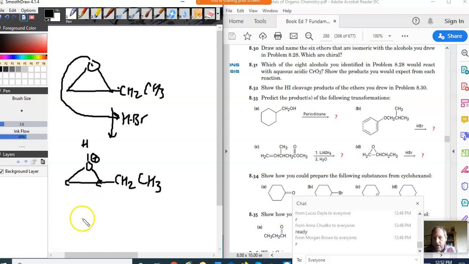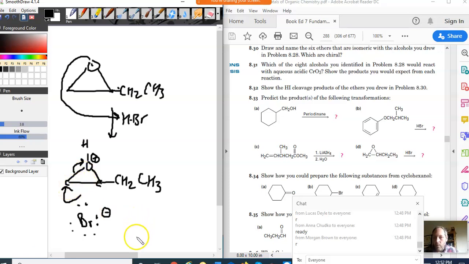As far as our class is concerned, you can have your bromine attack either one of the carbons. It doesn't really matter. In reality, it does only attack one of them, but we don't have to worry about it in this class. The bromine attacks one of these carbons and pops open this alcohol.